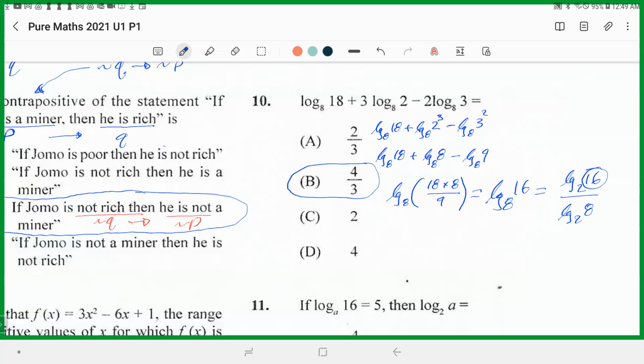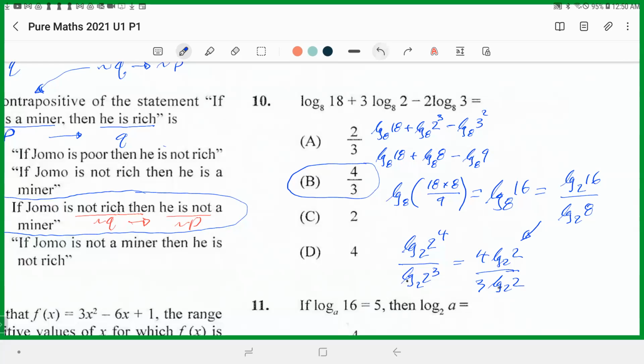So this 16 is 2 to the 4th power. So this continues as log to base 2 of 2 to the 4th power over, and this is 2 cubed, so log to base 2 of 2 cubed. The powers go to the front, so you get 4 log to base 2 of 2 over 3 log to base 2 of 2. Clearly, this is 1 and this is 1.